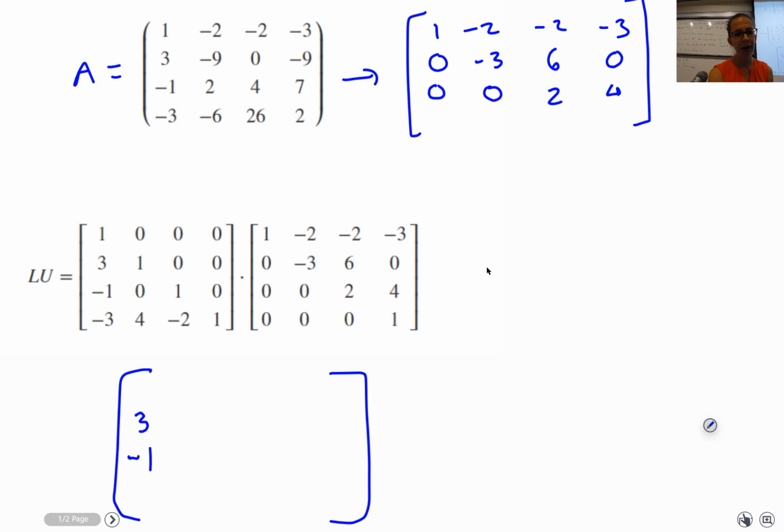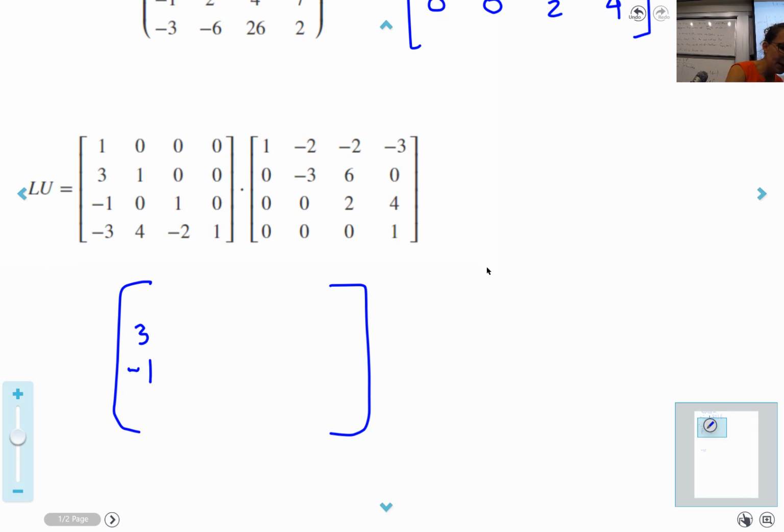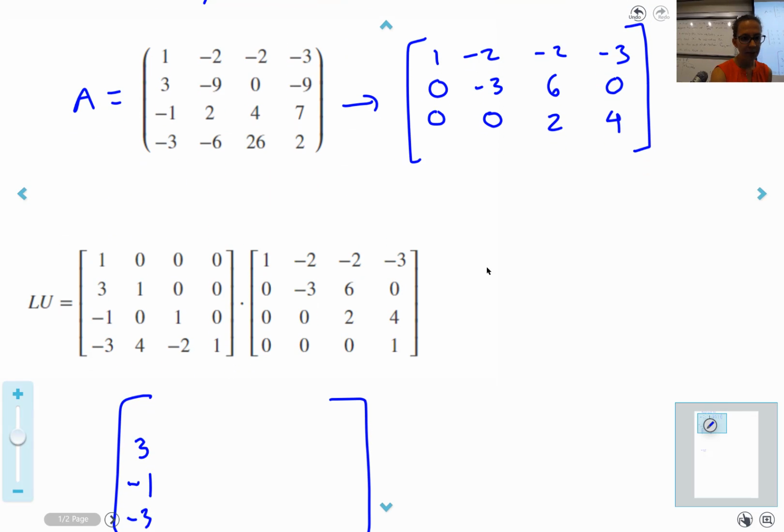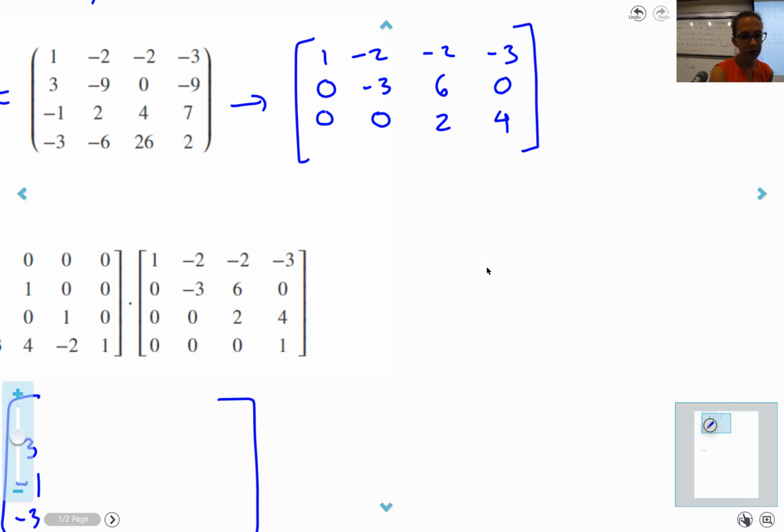This becomes 2, and this becomes 4. And then for the last one, we can multiply by 3, or think of it as multiplying by -3 and subtracting. So let's put a -3 here to keep track. And then here, this becomes 0, -3, -2.